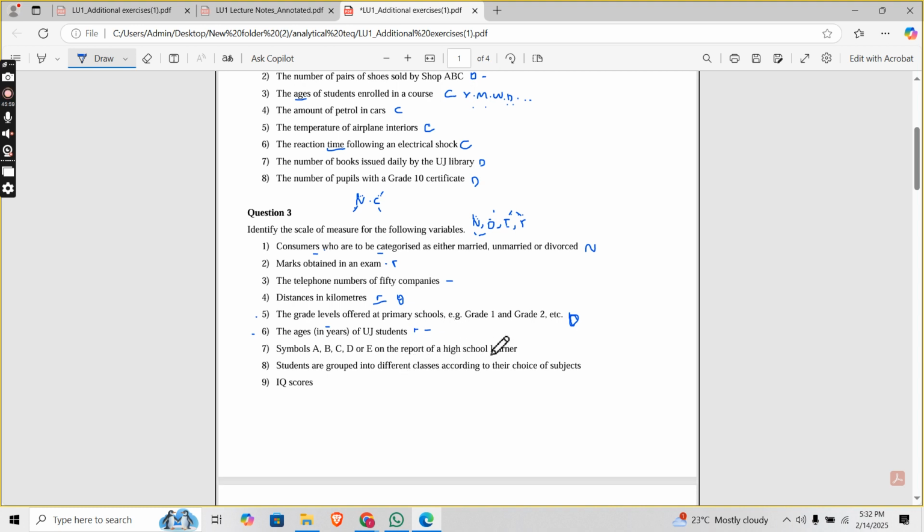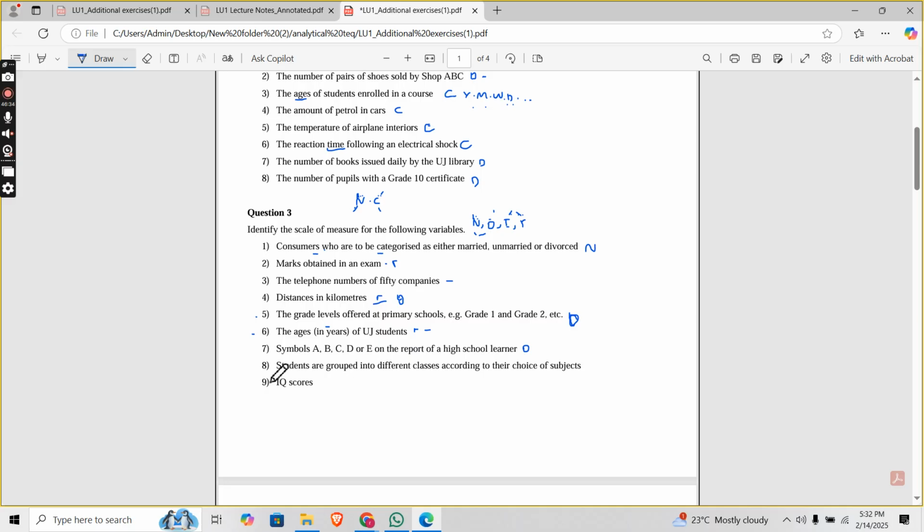Why? Yes, 100% true. Your answer is very much correct. We use the ordinal scale because they can be ordered A, B, C, D. They follow a specific pattern and can be ranked.